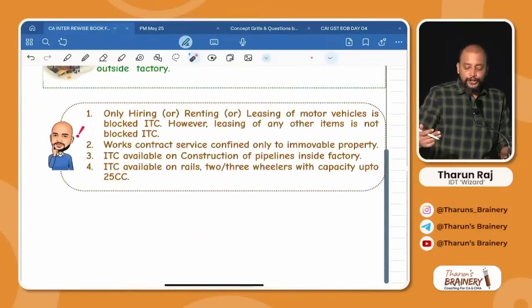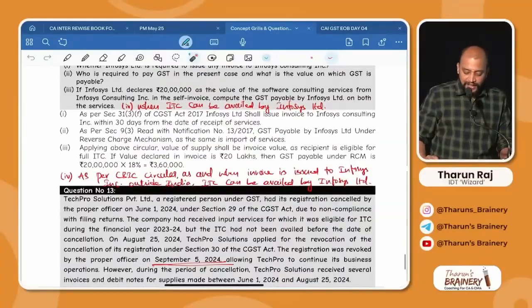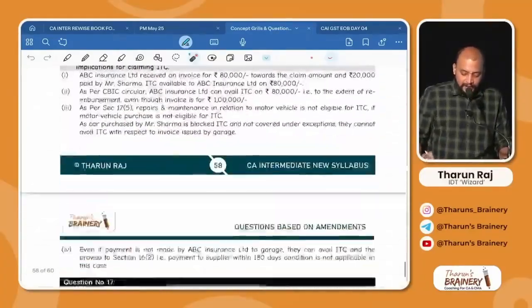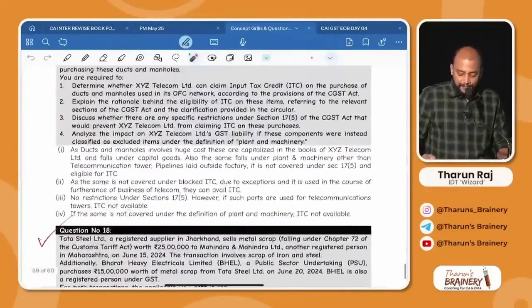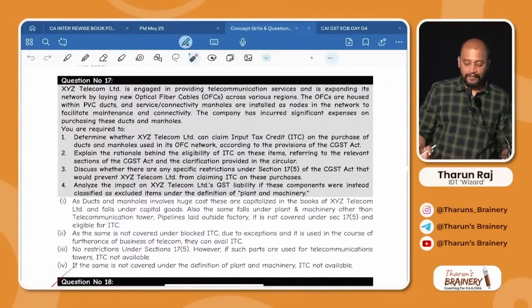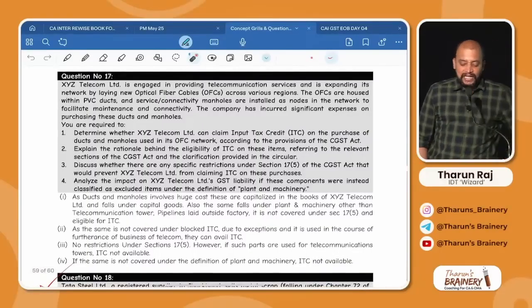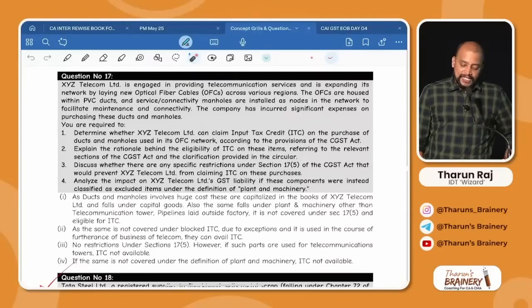Before moving on to other blocked credits related to this optical fiber network, there is one question I have given. Please see question number 17, page 59. XYZ Telecom Limited is engaged in providing telecommunication service and is expanding its network by laying new optical fiber cables across various regions.